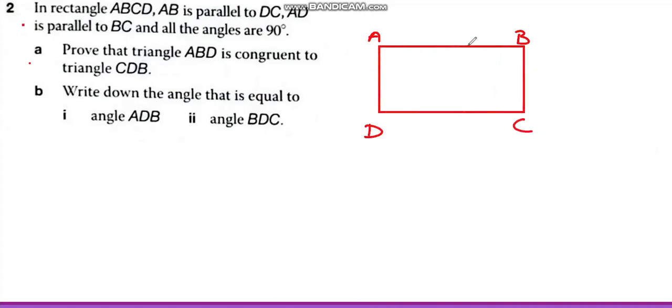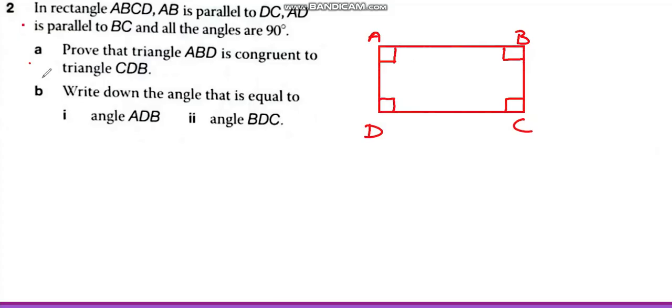AB is parallel to DC and AD is parallel to BC, and at each vertex we should have 90 degrees. I have marked the angles which are 90 degrees. We have to prove the triangle ABD is congruent to the triangle CDB.